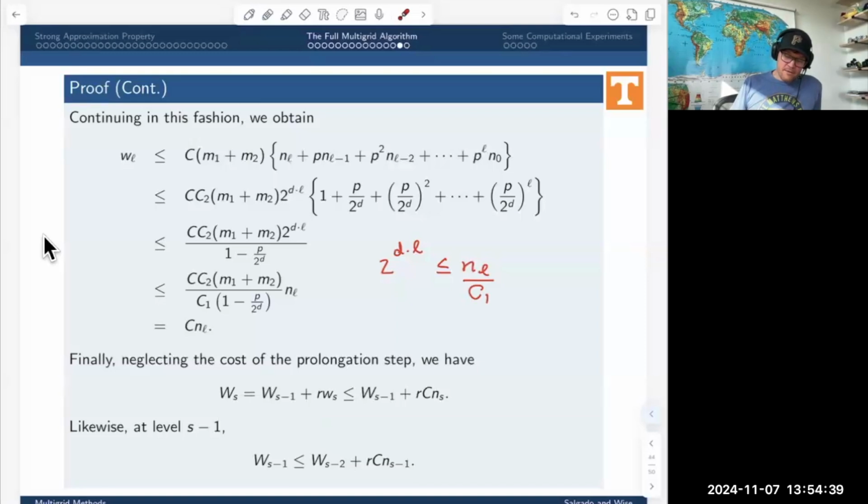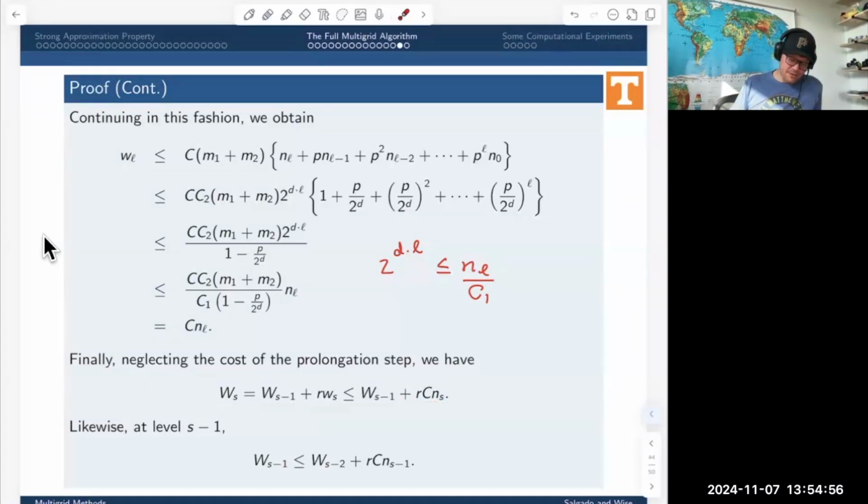Now we know that the cost of ws is bounded above by some constant times ns, and that's how we can replace this with that.